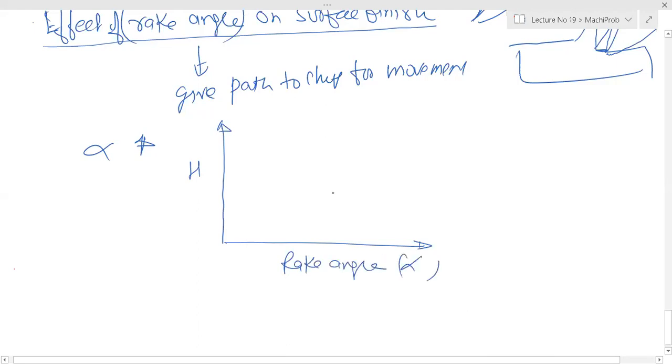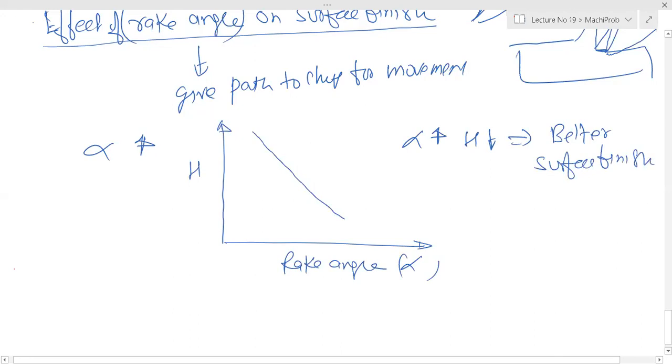When alpha increases, H decreases, means better surface finish.